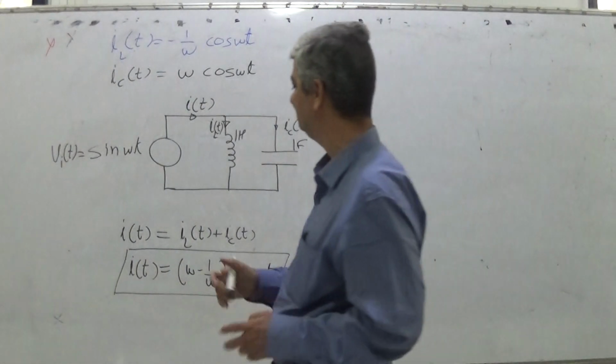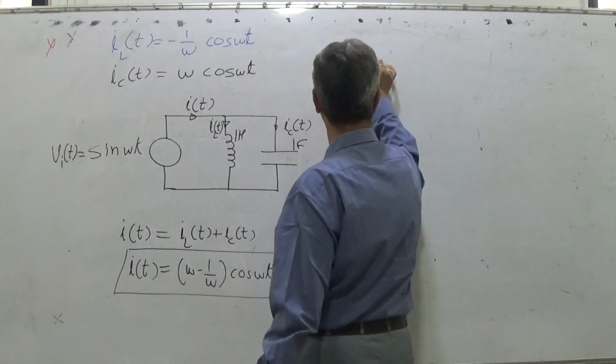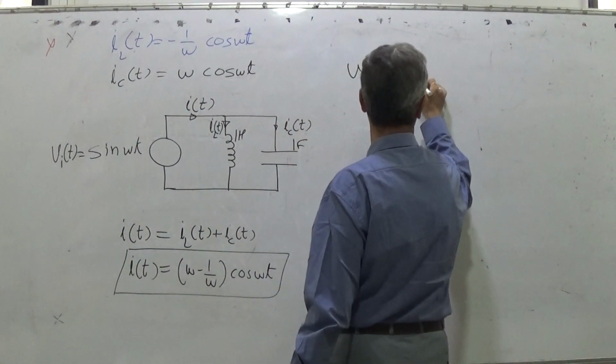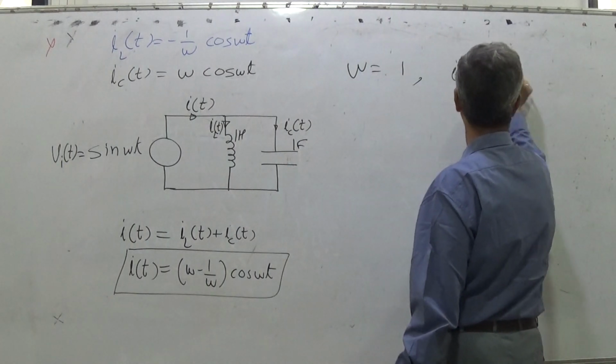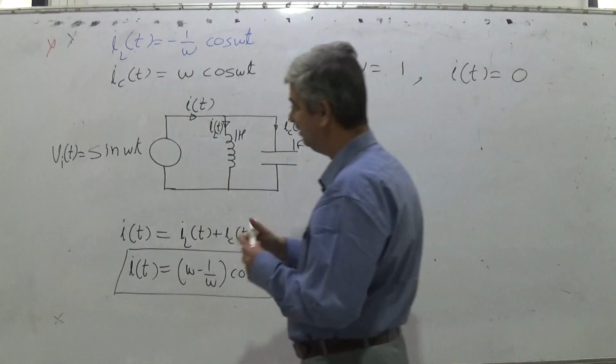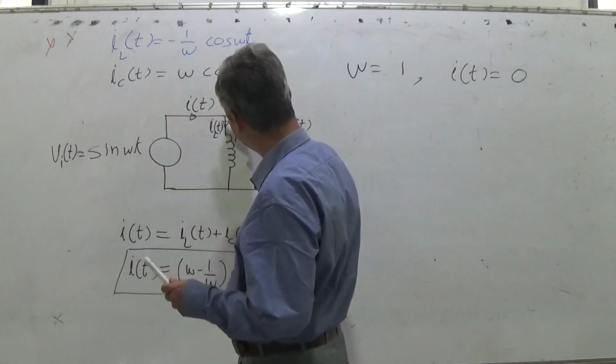So in this case, for omega equal to 1, IT is equal to 0. You have applied voltage, but there is no current.